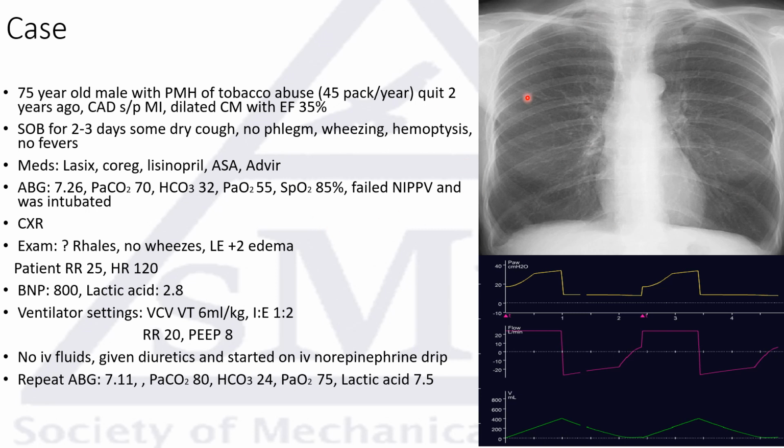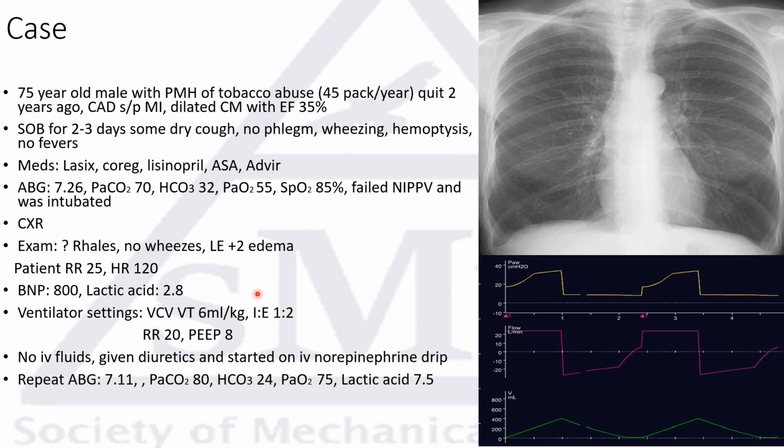His X-ray was interpreted by a radiologist as congestive heart failure, some vascular congestion, question of heart failure. On examination, there was maybe a question of rales, but no wheezes. There was plus 2 lower limb edema. His respiratory rate was 25. His heart rate was 120. Initially, his BNP was 800.